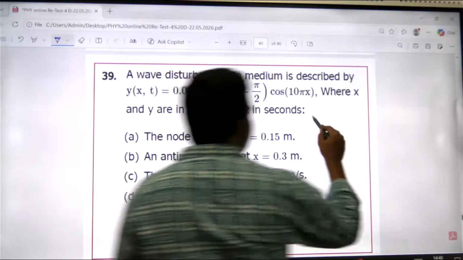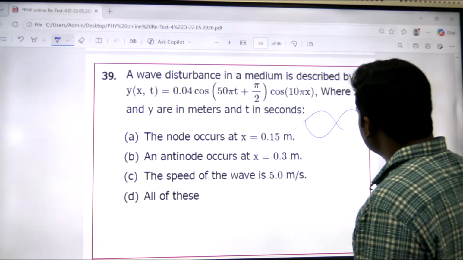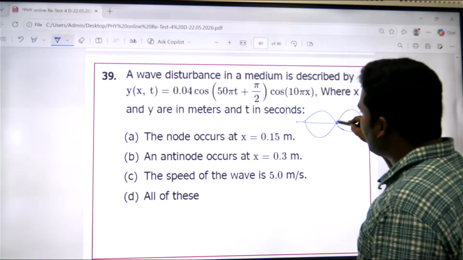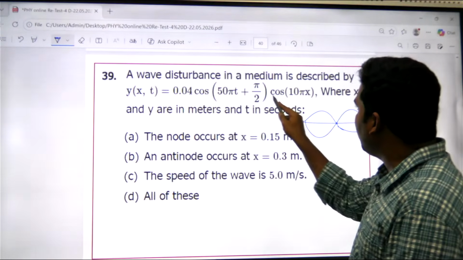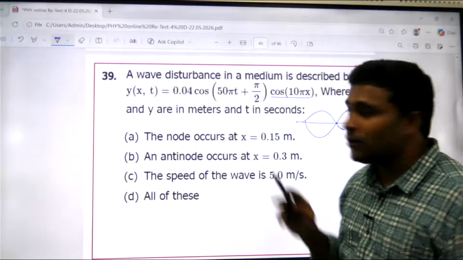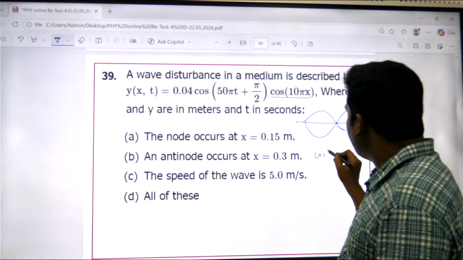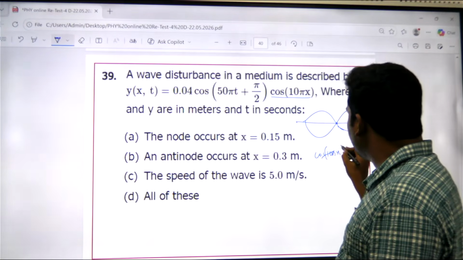A node is a point where y is 0. If y has to be 0, this value has to be 0. So cos 10 pi x has to be equal to 0.